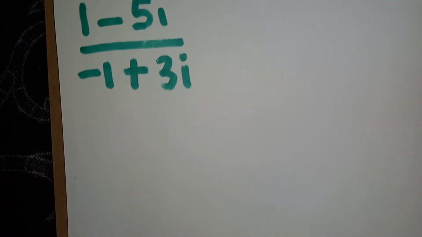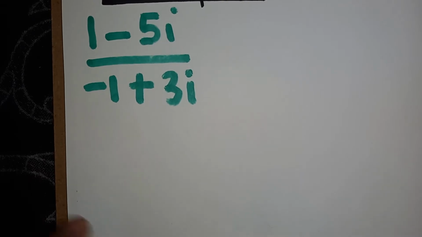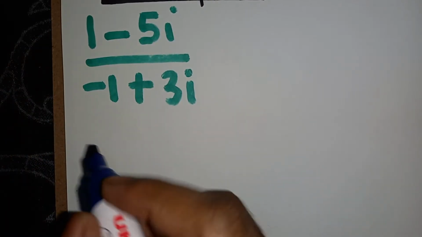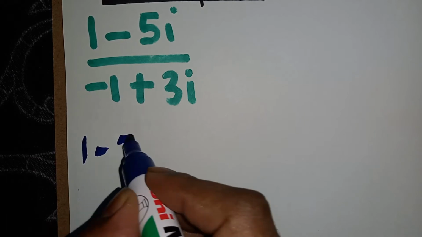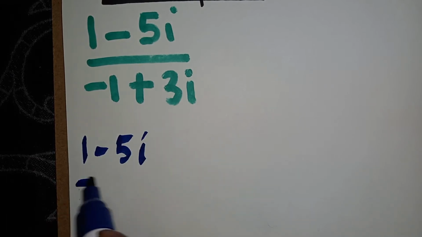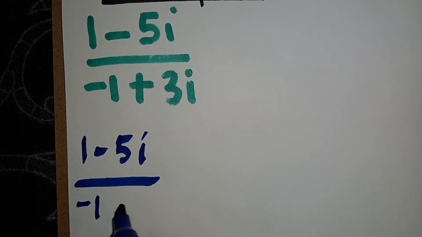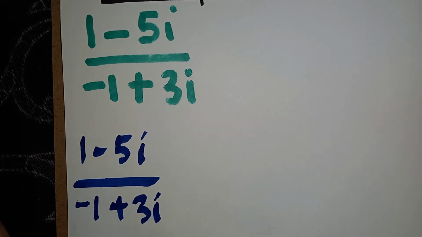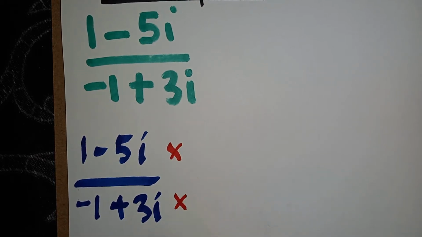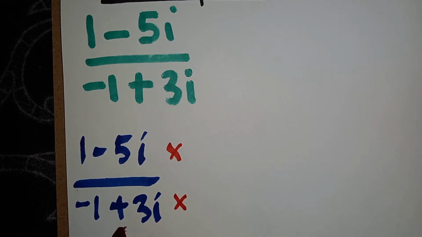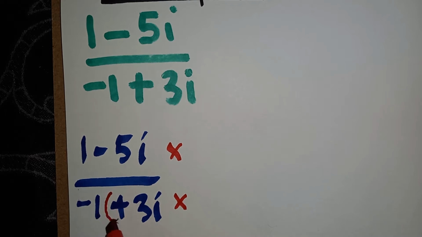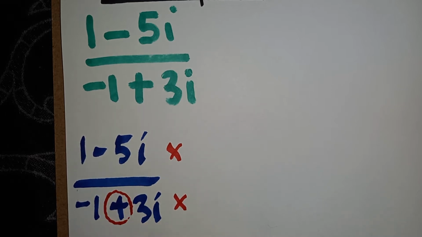So I'm going to rewrite that again. Let's not manipulate the original question. So we have 1 minus 5i, and that is being divided by minus 1 plus 3i. So I am going to multiply both of these by the conjugate of the denominator. Now when we talk about conjugate, we basically change the sign between the real and the imaginary part.